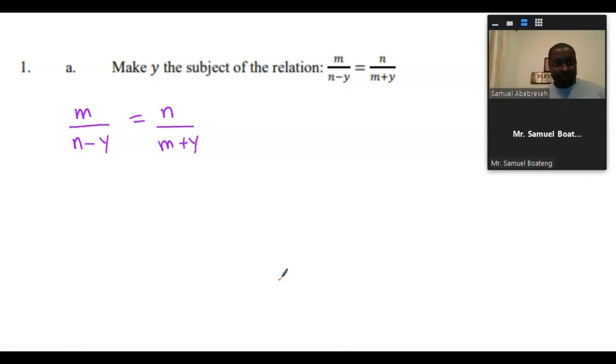Now, to start solving this, we can do cross multiplication. You can cross multiply, right?